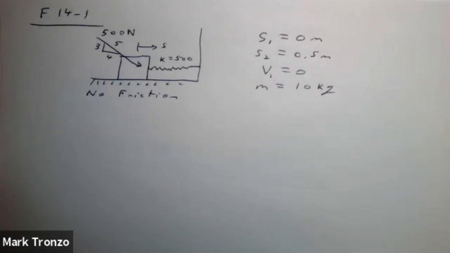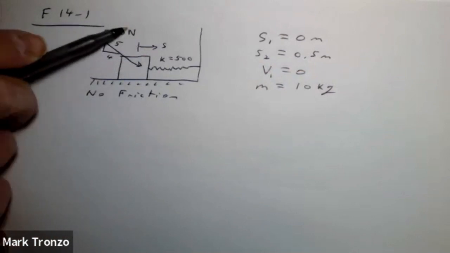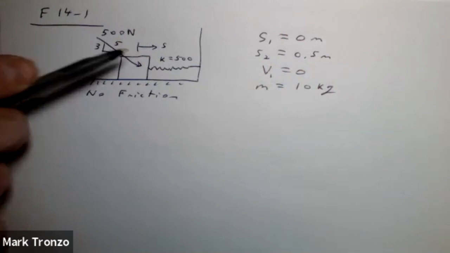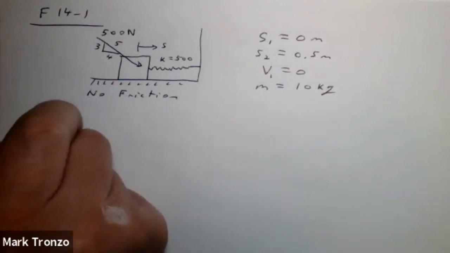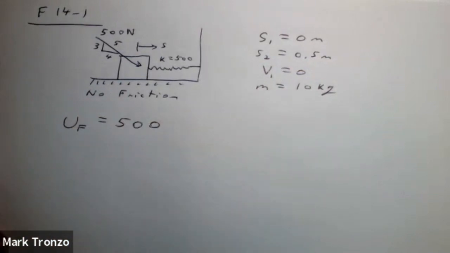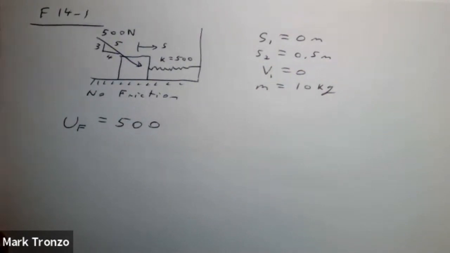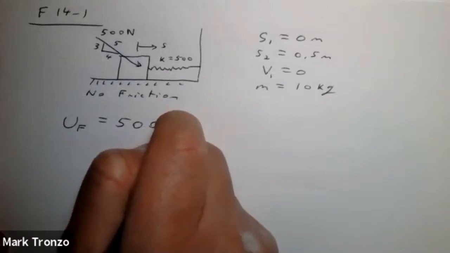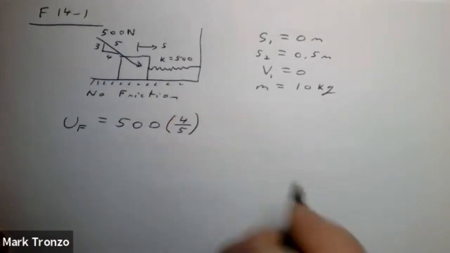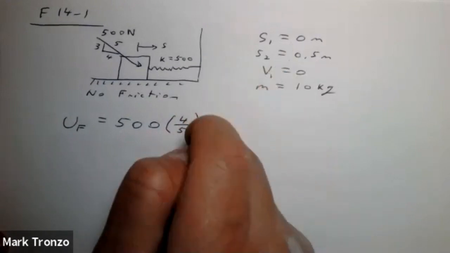So let's go through and see the forces that we have. We're moving in this direction, so we want to figure out how much of this 500 newton force is going in that direction. So the work of F is going to be 500, and of course we want the horizontal component, so that's going to be 4/5, times S2 minus S1.